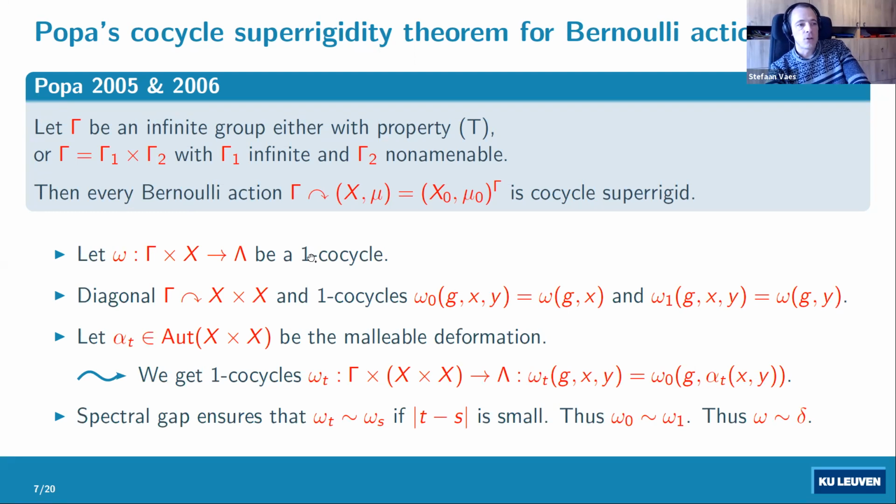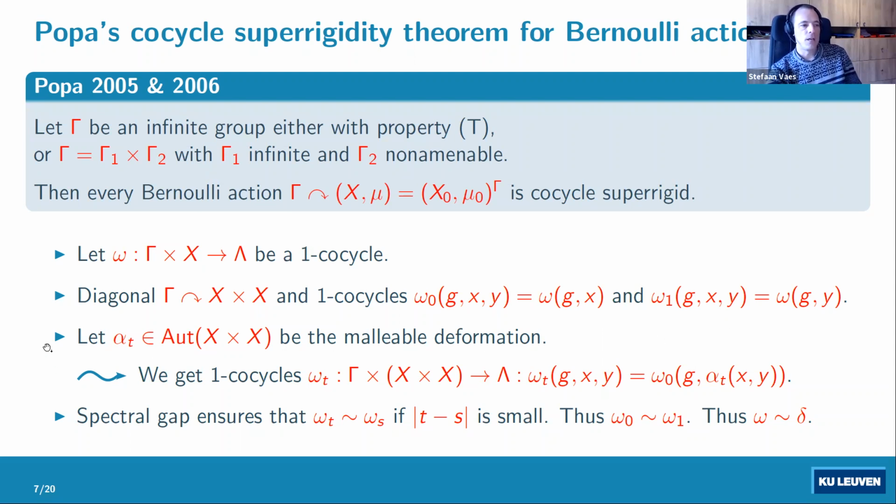And you take any one cocycle, so it's very general, any one cocycle with values in the countable group lambda, and we again look, as I said, to this double action. So gamma is acting diagonally on x times x, and therefore, this is still completely general, you can define for this diagonal action two one cocycles, namely one that only depends on the x variable and the other one only depending on the y variable.